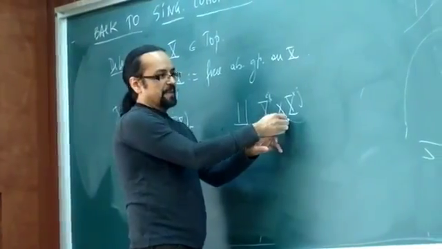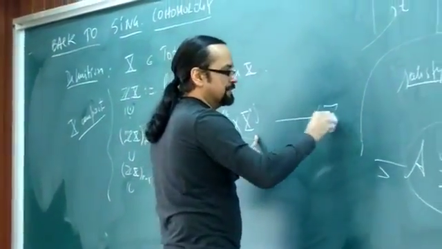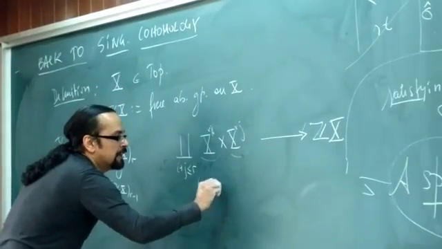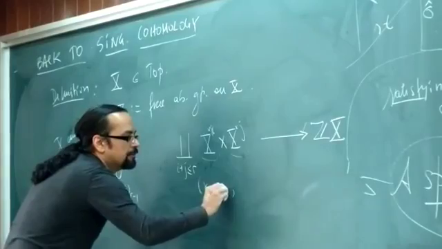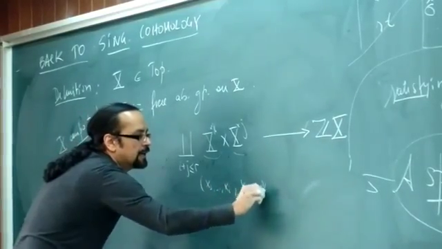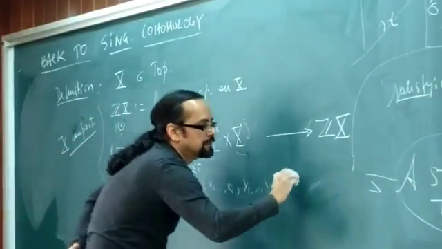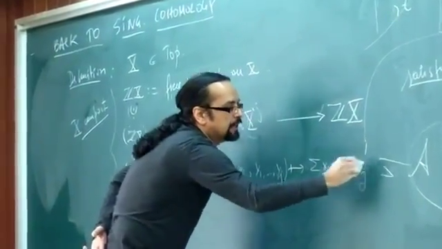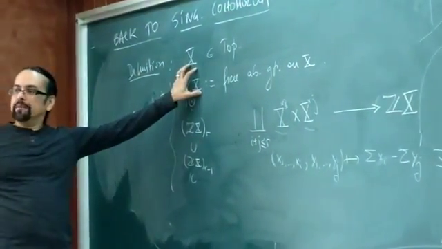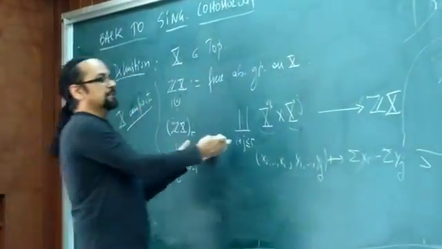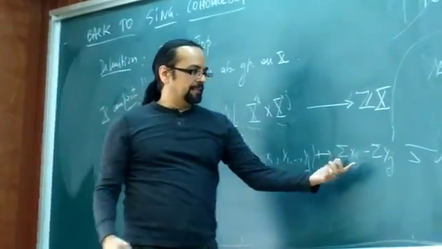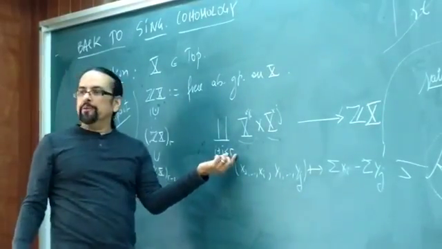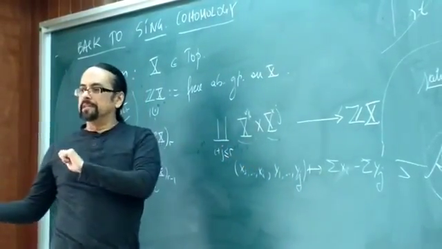And then I give a map from this to Z of X. When here I have, say, x1 through xi, and I have y1 through yj, I take them to the sum of xi minus the sum of yj. Remember, this is the free abelian group generated by those things. And so the image of that, you can think about things that can be written as at most R generators, some with negative signs, some with positive signs.